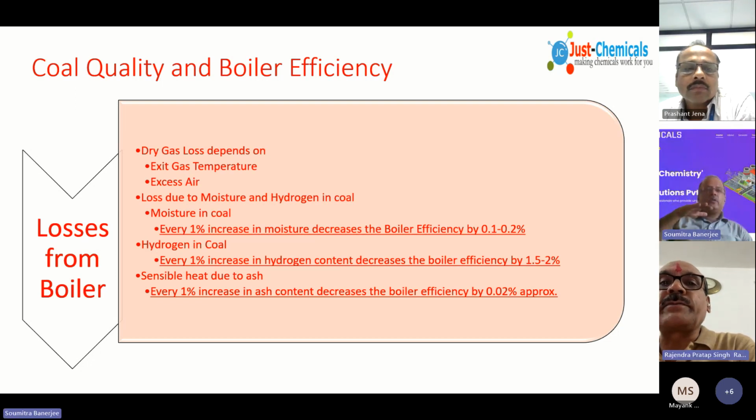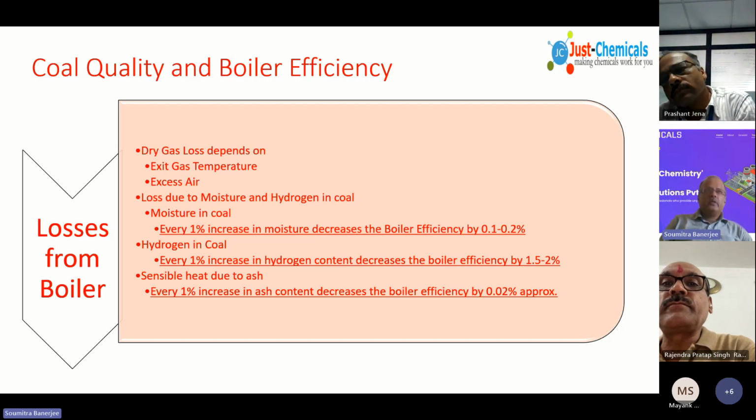Why are we talking about design? Because you have design versus actual efficiency, and you do the boiler efficiency calculation and compare it to the design. That is why we are talking about the design. Otherwise, you can take the baseline data also. There is no issue about it, sir.